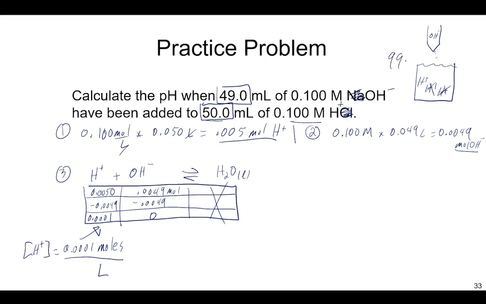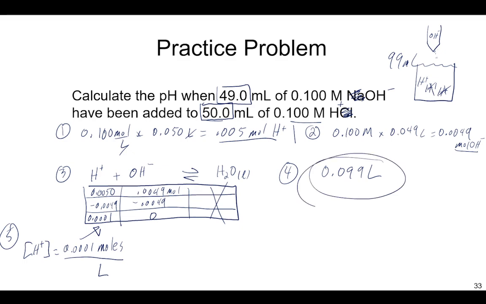It's 99 mils because I've added 49 to 50. So step 4 is my new volume is going to be 99 mils, or said another way, 0.099 liters. And step 5 now is to take the moles I've determined from my ice chart and divide it by this liters I just calculated.